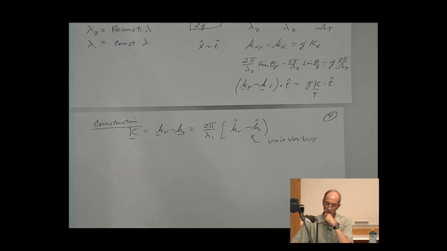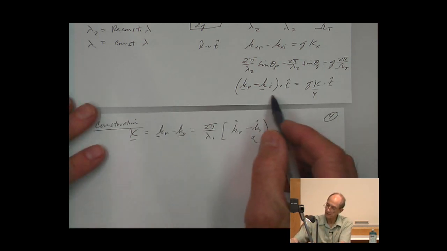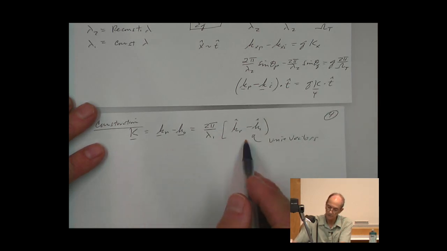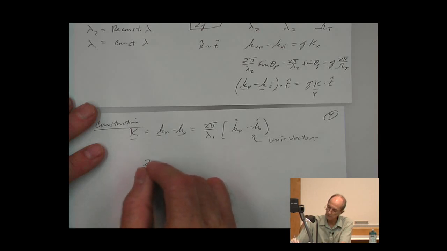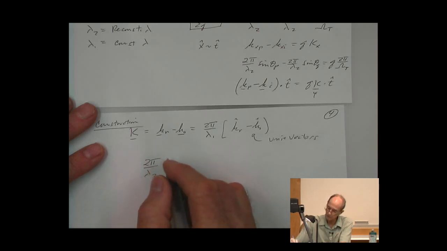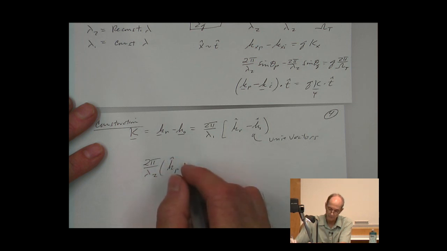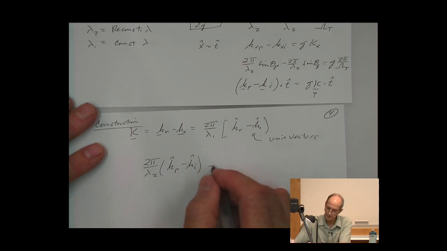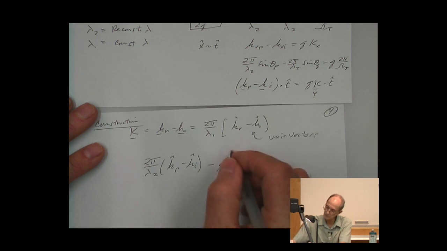All right. So now, if we look at our relation that we have here, if we bring this over on this side and sub in what we have here, we end up with 2 pi over lambda 2 times kp minus ki, the unit vectors, minus q, but at this point we'll let q equal 1.